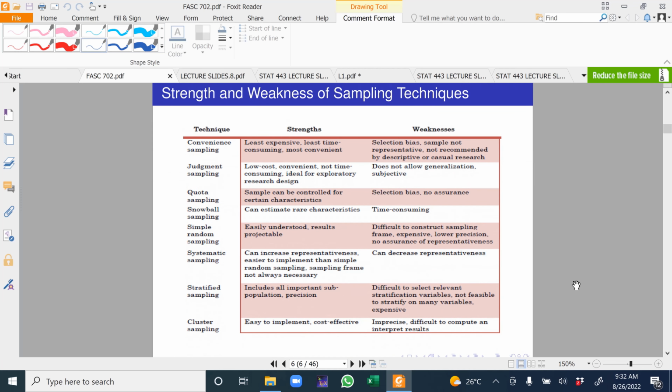So here is the strength and weakness of each method of sampling, each technique of sampling, and we've seen each has its pros and cons, but depending on what you want, you have to correctly identify the technique of sampling that you are going to use, and then identify the sample from which you are going to collect the information that you want.